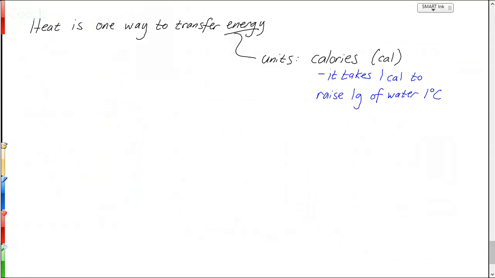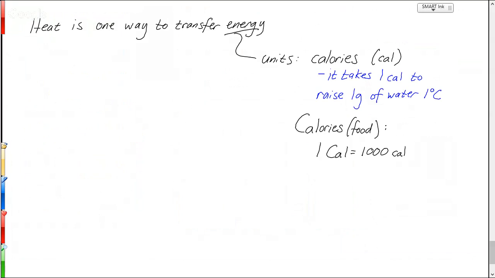That's a calorie. Now, calories can be kind of a confusing unit because we also use calories in our food, right? Are those the same calories? They're not. Anybody know the difference? No, the calories in food are actually a different unit that has a capital C, and it's 1,000 of those calories we were just talking about.